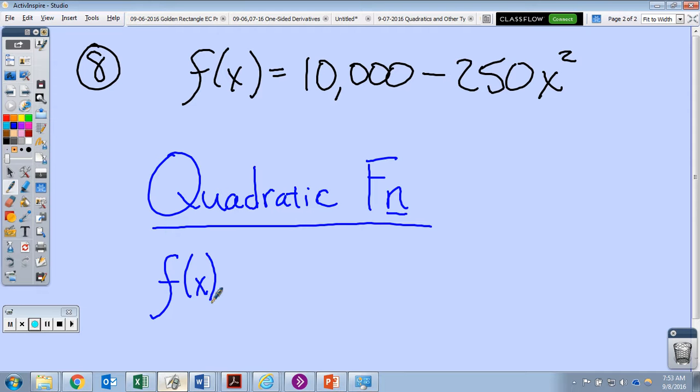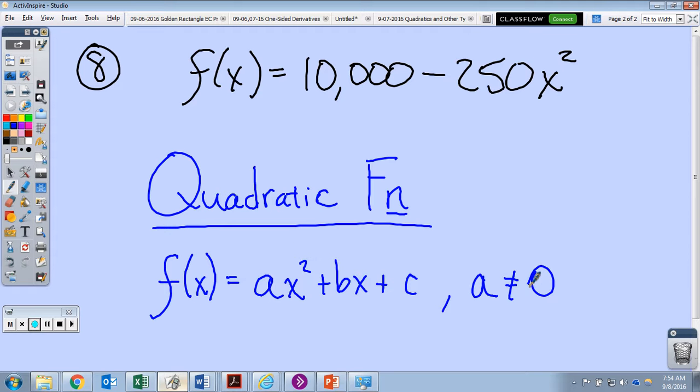f of x is equal to ax squared plus bx plus c, where a is not equal to 0. So you look at this, this is a quadratic function because the highest degree term is degree 2.